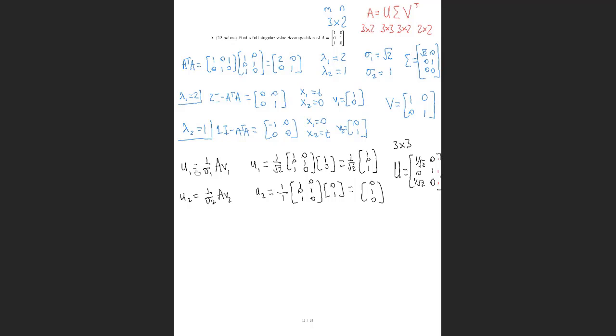So in general, if you, after doing this, using these formulas, if you need some more U's to fill out the matrix U, the remaining U's can be found by finding an orthonormal basis for the null space of A transpose.